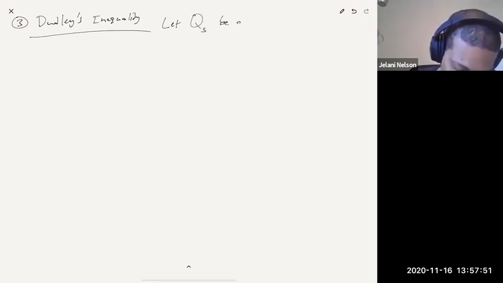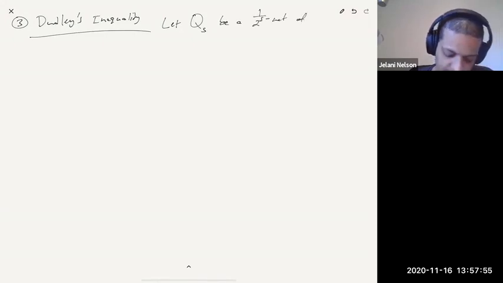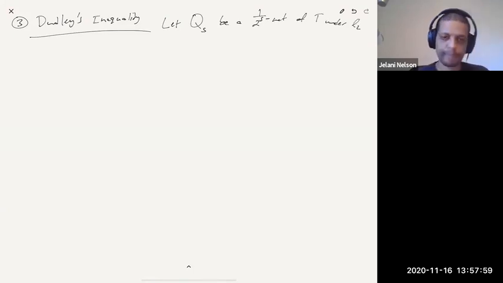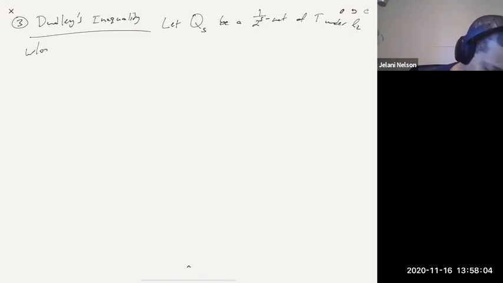Let Q_s be a 1 over 2 to the s net of T under L2. Okay. Without loss of generality, T is finite.